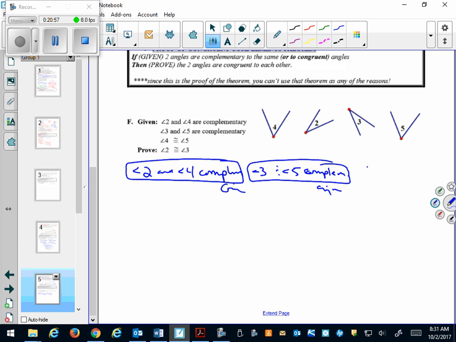And it says angle 4 is congruent to angle 5. So we're going to mark 4 congruent to 5 in our diagram. So this is the one, it's not two angles that are complementary to the same angle. These are two angles that are complementary to congruent angles.